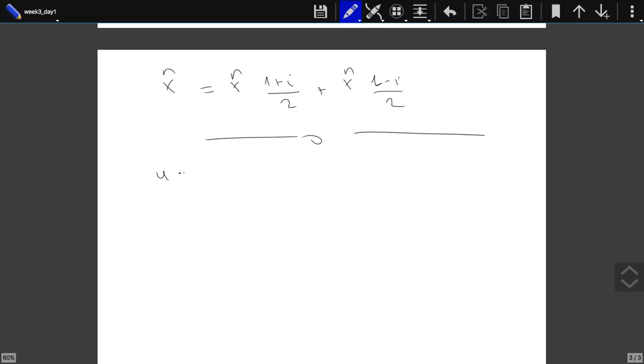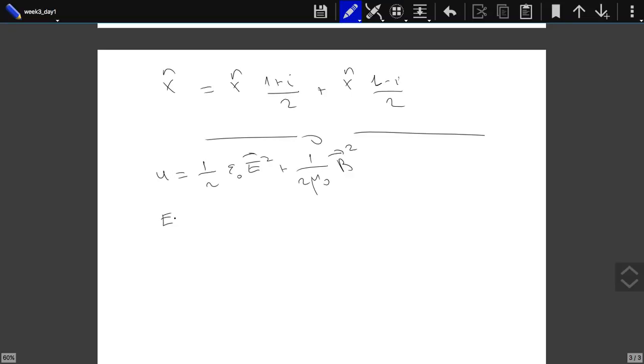Now if you remember the energy density, do you remember what's the form of the energy density? Again, for simplicity, let's stick with the linear polarization.